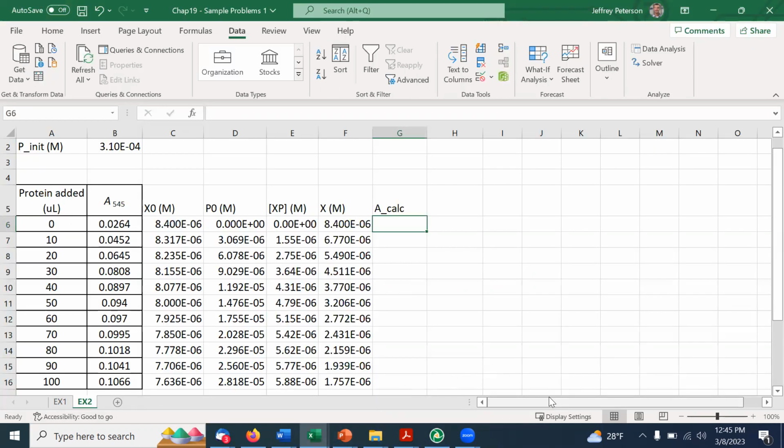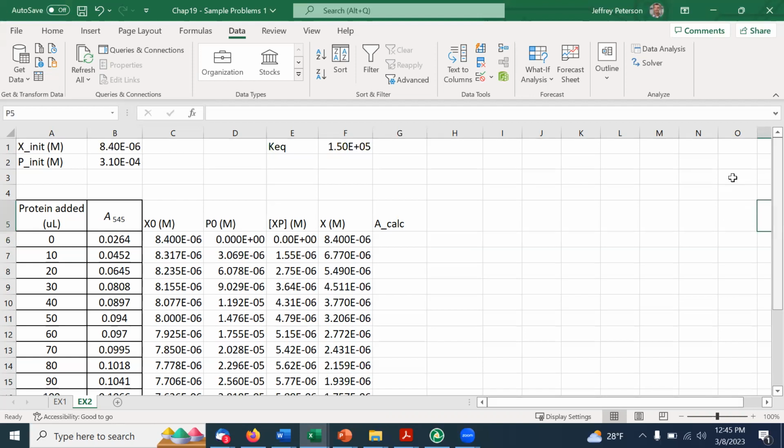But if I look at the statement of the problem, I can learn something about the extinction coefficient of compound X, in molar per centimeter. Initially, I'm told that when I add no protein, I have this absorbance in an 8.4 micromolar solution.